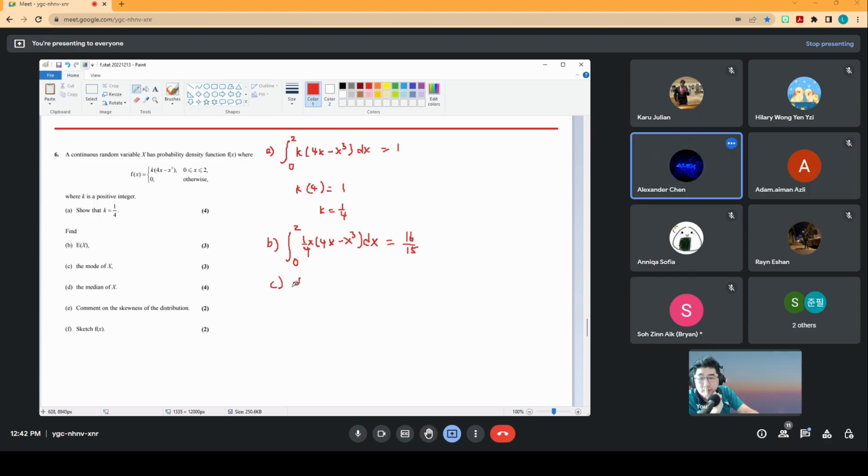Differentiation. Differentiate what? The function. So differentiate 1 over 4 times (4x minus x cubed). Then that should be equal to 0. So we have 4 minus 3x squared equals 0, so x equals 2 over square root 3. That's our answer.